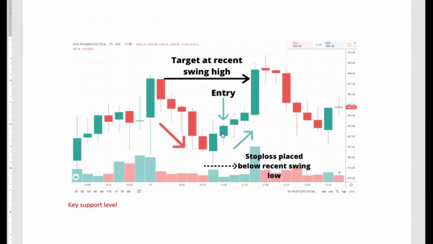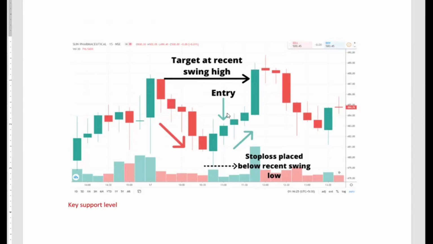If the condition is met, that the closing price is higher than the closing price of the previous engulfed candle, we can enter at the closing price of the third candle. And the stop loss is placed below the recent swing low, here, and lower a bit to avoid stop loss hunting. And the target is at the recent swing high, as usual.